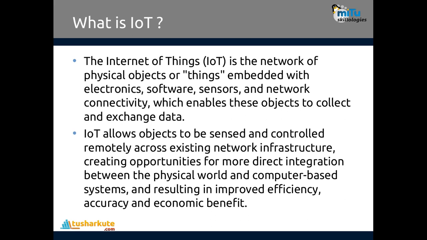These are the prime advantages that we can take out from IoT: improved efficiency and accuracy of the results, as well as economic benefit, because human efforts are reduced and the number of employees that we are going to have will be reduced. We'll be creating an automated system. So with the help of that, IoT can result in efficiency, accuracy, and financial benefit.